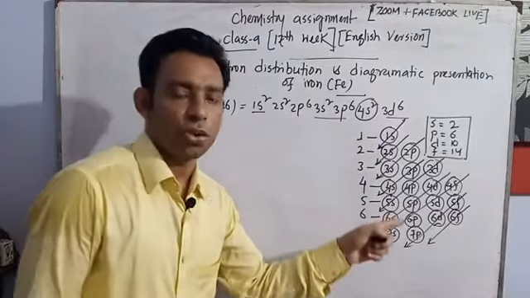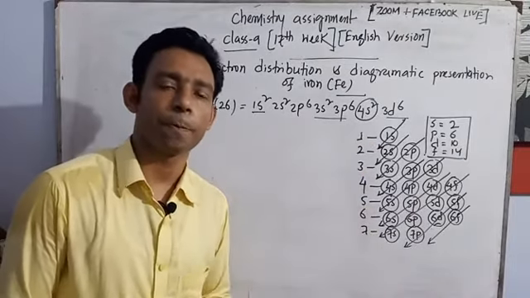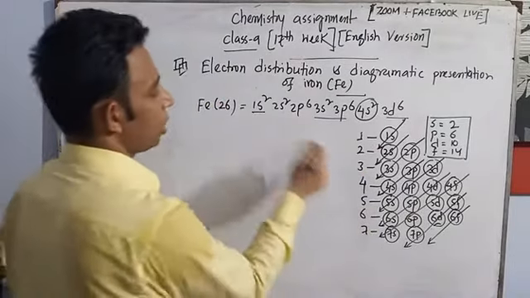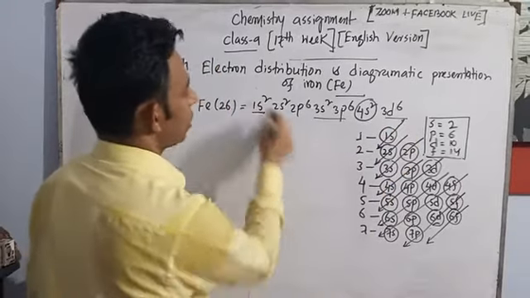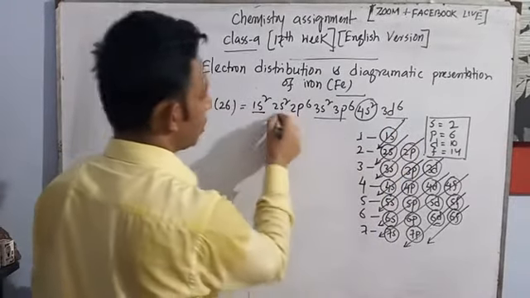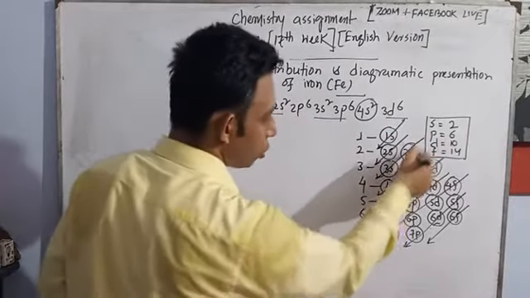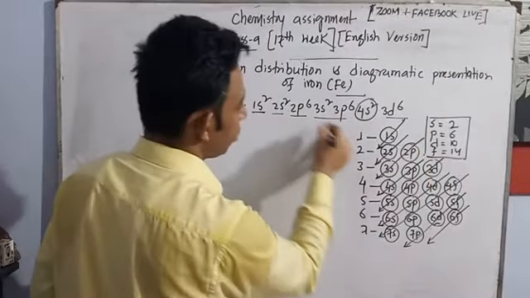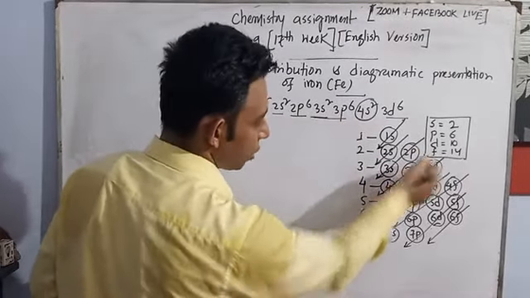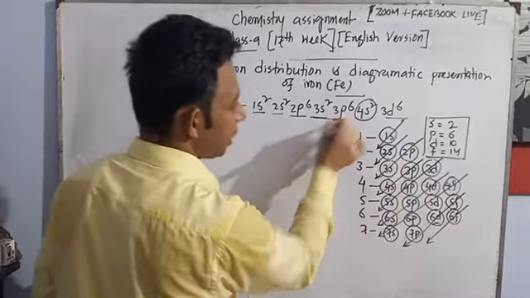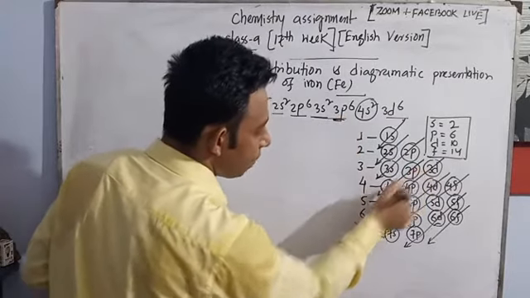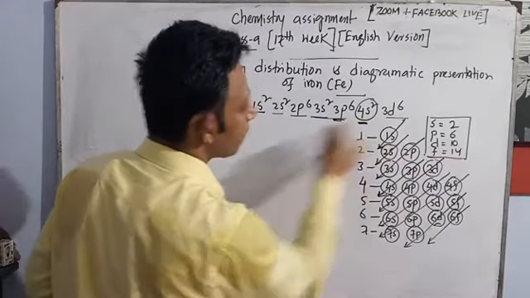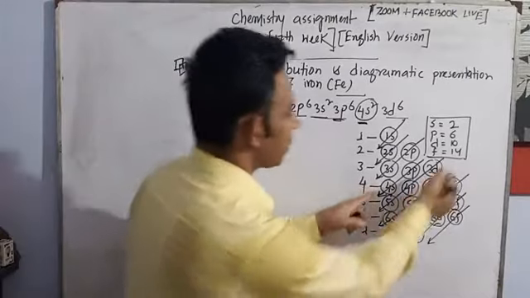According to this instruction, what we find is: first 1s2, then 2s2, then 2p6, then 3s2, then 3p, and look here, after 3p comes 4s, then after that 3d.